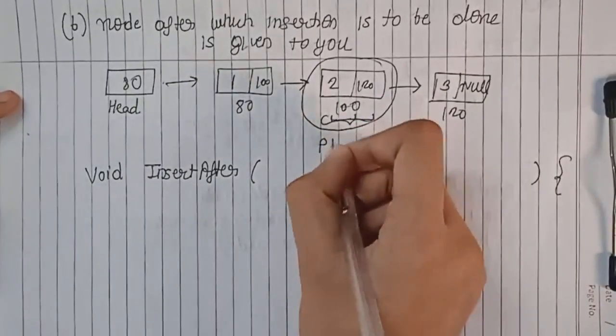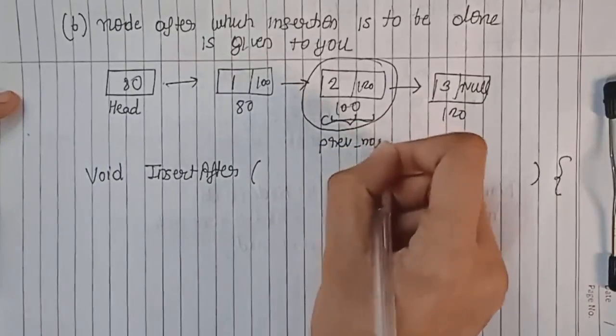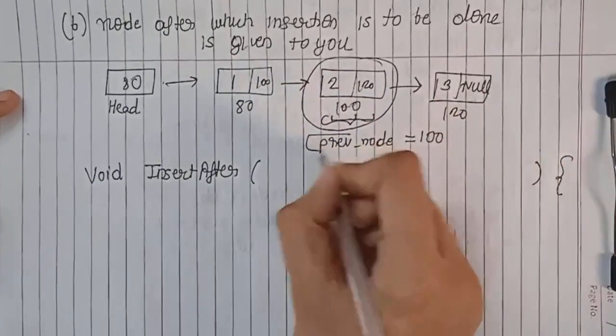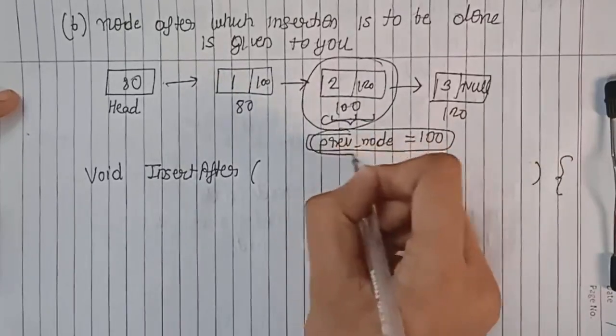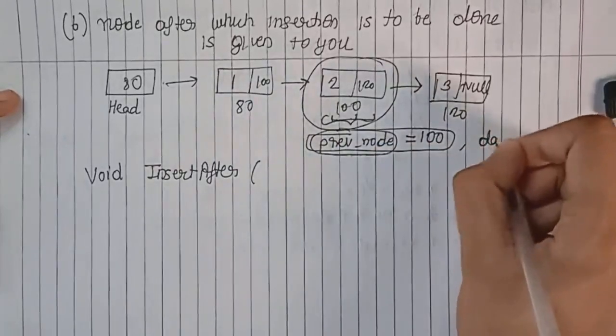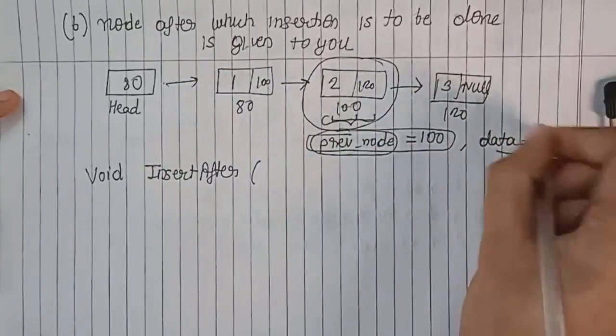So let's say there is a pointer previous node which stores this address 100, and this previous node pointer is provided to you, and the data, let's say 5, is provided to you.